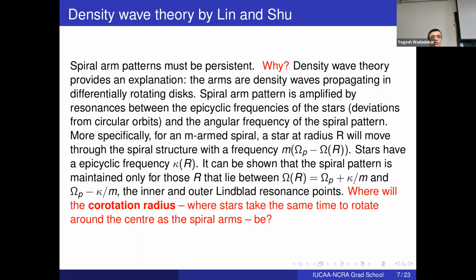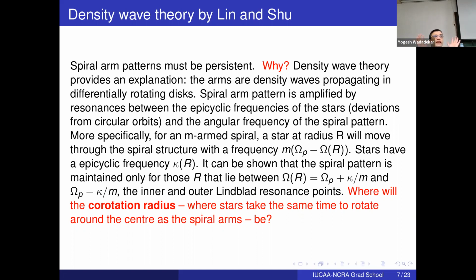Okay, so there is only a certain range of radii in which you can form spiral patterns in a stable way. You can still form spiral patterns, but they'll soon get disrupted, because the kind of resonances that you need between the epicyclic frequency, the frequency of the spiral arms, and the frequency of rotation of stars in the disk at that particular radius are not there.